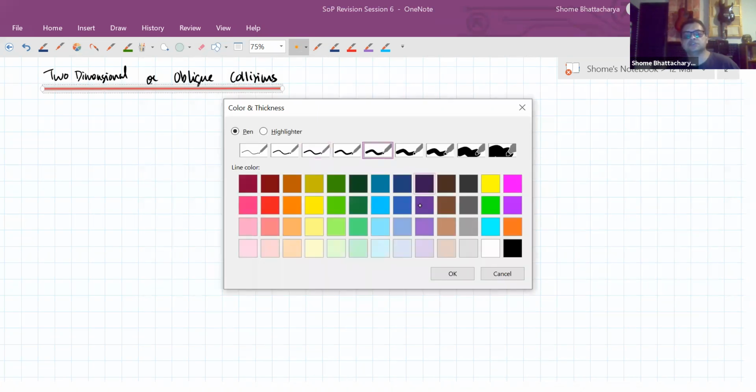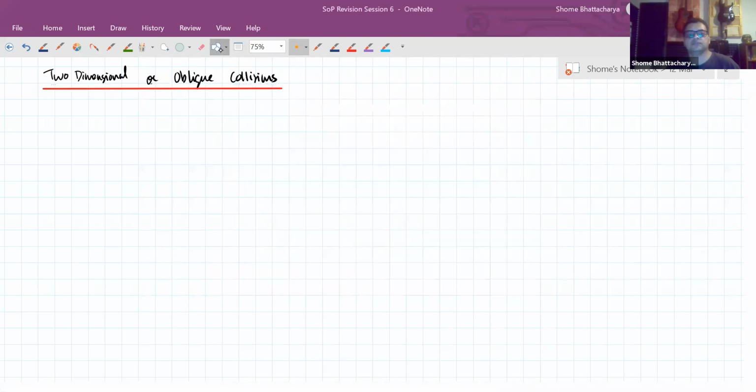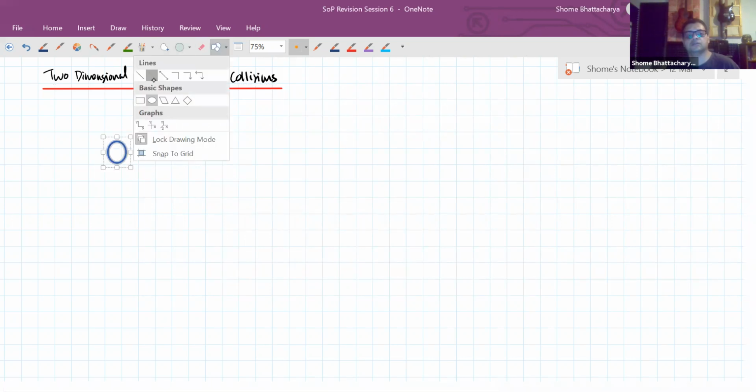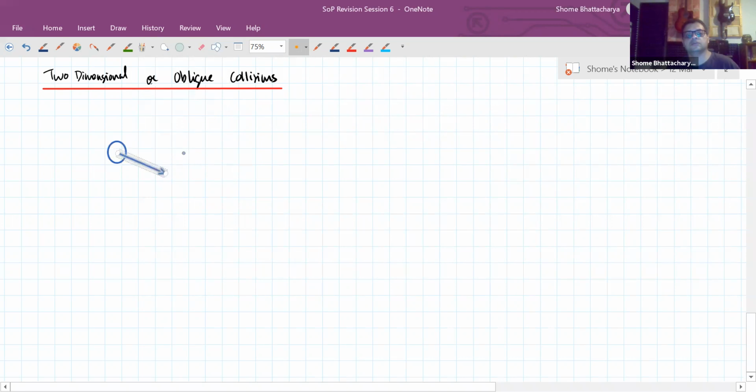So in a situation like this, generally speaking, if something like this is happening, like a body of mass m1 moving at an initial velocity u1, and another body or particle or sphere or whatever, moving at initial velocity u2, mass m2.